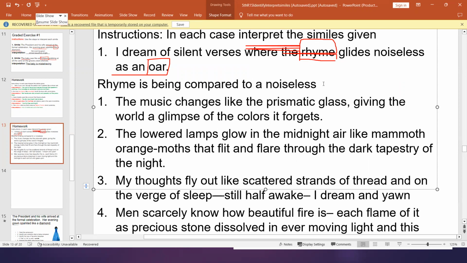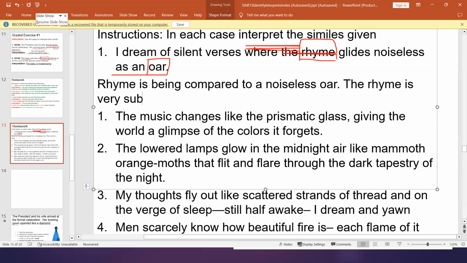If something is noiseless, what does that mean? It makes no noise. It's silent. Very good. So is it noticeable? No, sir. Very good. So what is it saying about the rhyme? The rhyme is very what? Soundless. It's very subtle, right?